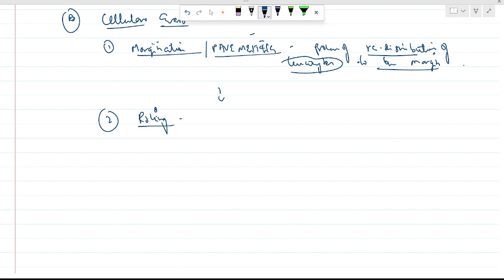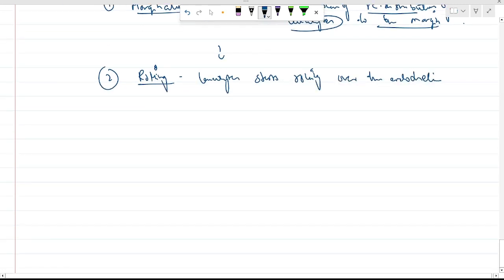Cells quite literally roll. The leukocytes start rolling over the endothelium. What do you mean by this? There are loose attachments to the endothelium.